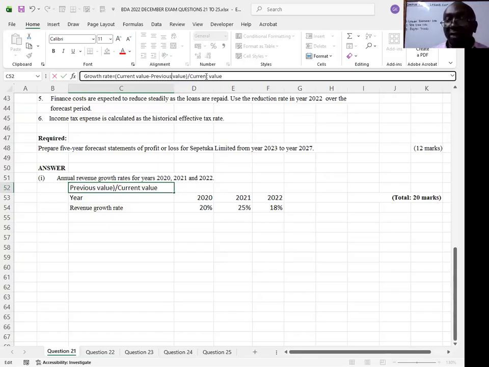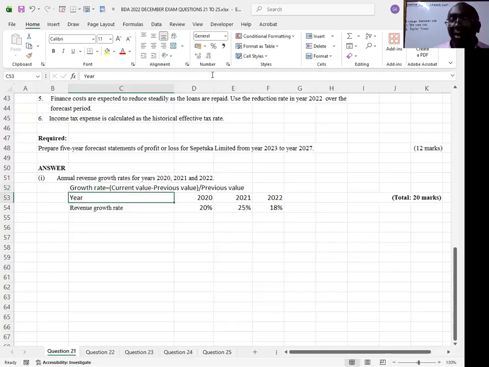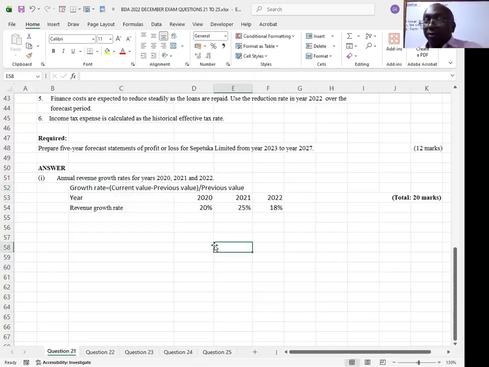You minus the previous value, you divide by the previous. That one now you can easily relate with. Is that so? Yes, yes.